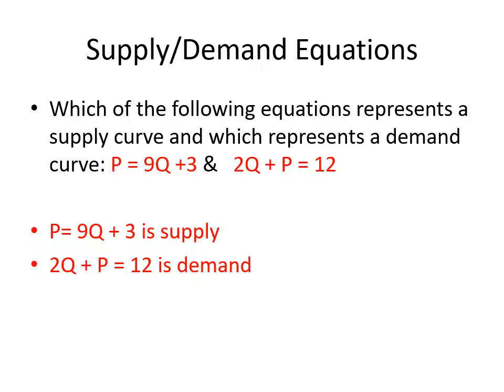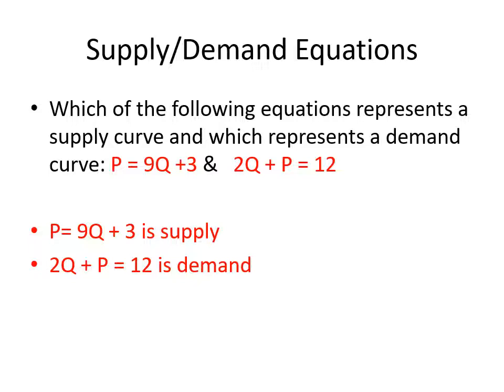One note here is that when we solve for Q equals, and then have the rest of the equation on one side, that's a standard way of putting forward a supply or demand function in economics. That's the norm. But then we have what's called the inverse supply function or the inverse demand curve, and that's when we set it P equals.